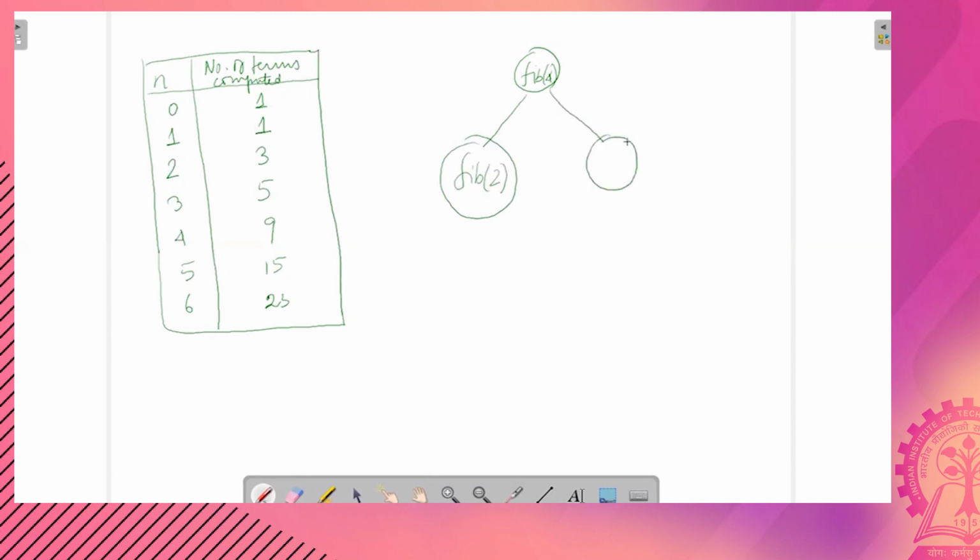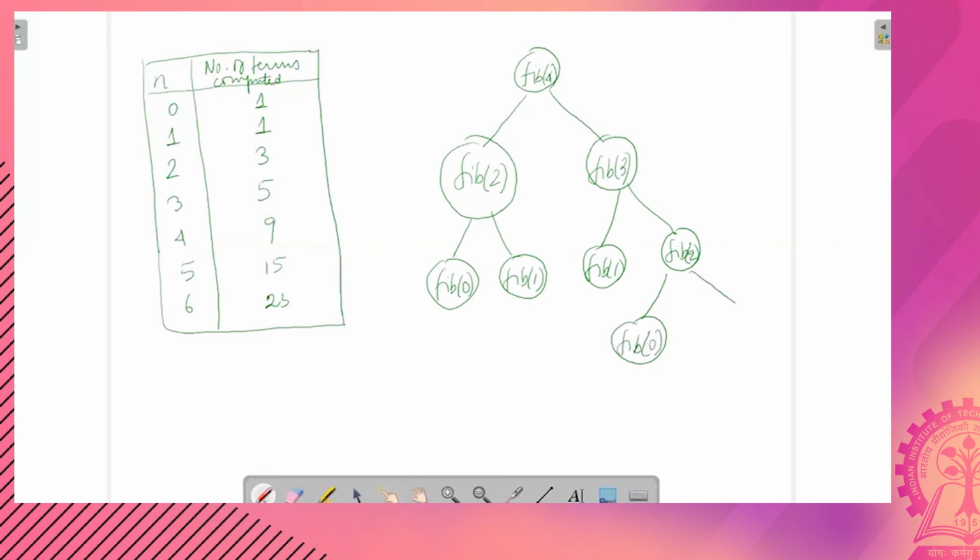This has to compute fib 2 and fib 3. Then fib 2 has to compute fib 0 and fib 1. Fib 3 has to compute fib 1, fib 2, and fib 2 again has to compute fib 0 and fib 1.